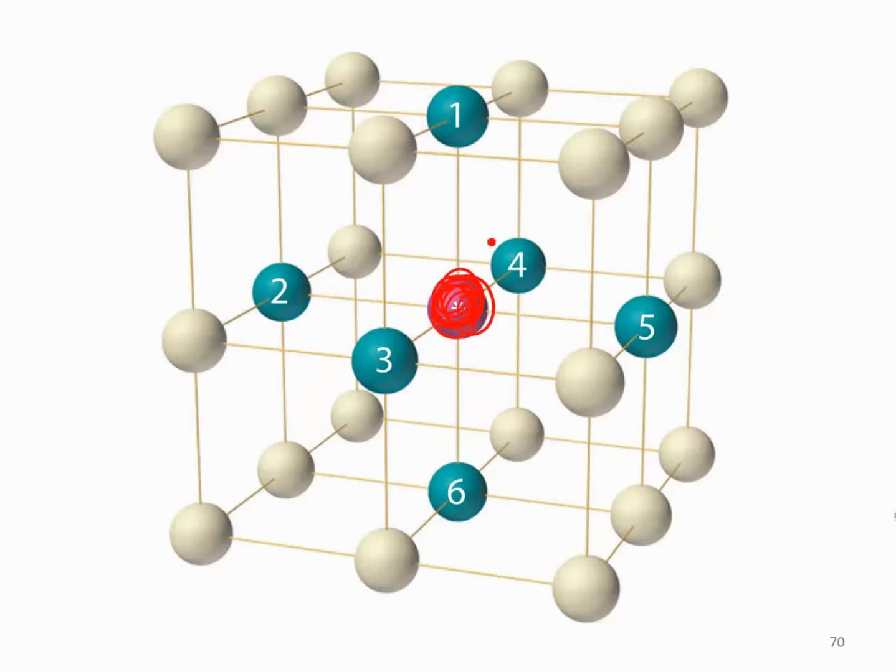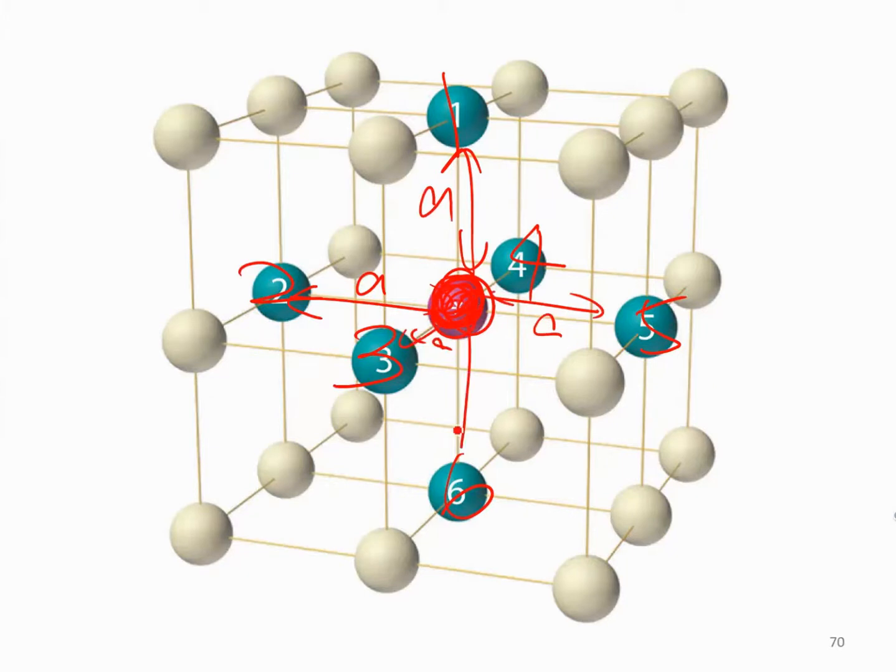The nearest neighbors, you have 1, 2, 3, 4, 5, 6. Okay, 6 nearest neighbors. What is the distance? Here to here is A, here to here is also A, all are A.